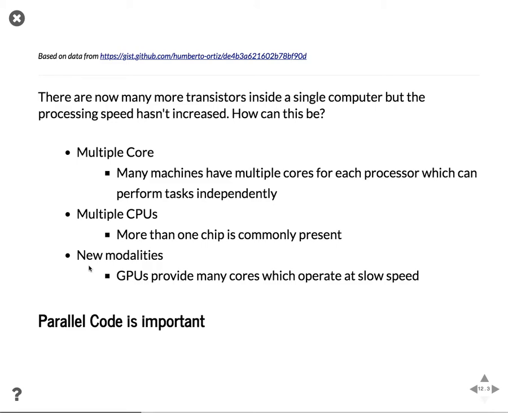But if you're doing a lot of little tasks that are very similar, like matrix multiplication or calculating convolutions, that's where GPUs really excel, because you're able to divide them into a bunch of small little tasks.